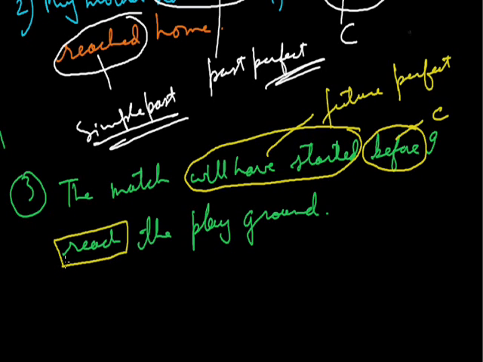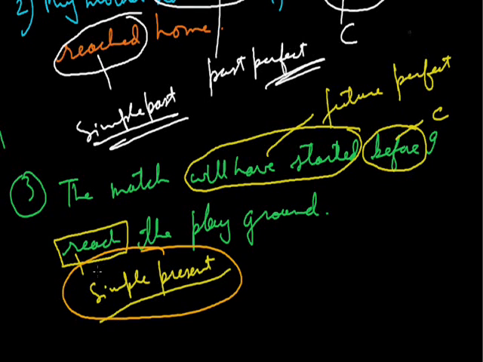Reach is a verb over here, which is in simple present form. This means that we have used simple present tense and future perfect tense with the help of a connector. So the right answer will be the match will have started before I reach the playground.